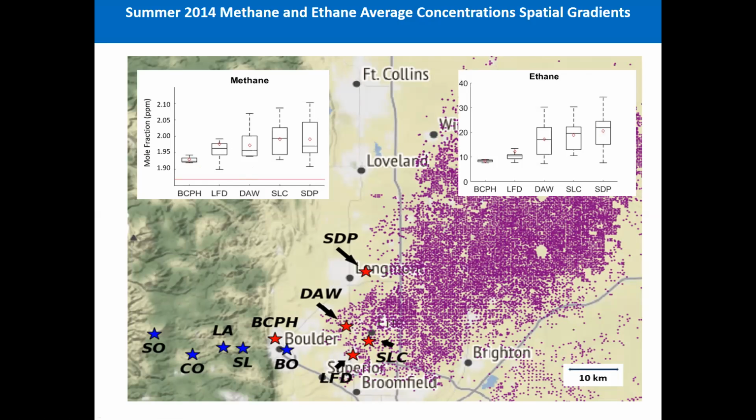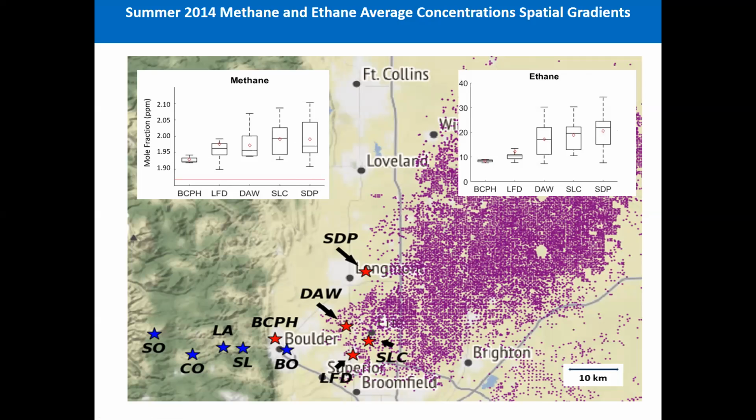And we sampled there through the whole summer, and then looked at the levels of methane and ethane, which is an oil and gas tracer, and they're listed here going from west to east. And you can see as you go from the foothills of the mountains further to the east, the concentrations get higher, there's more variability, it varies more from low to high.